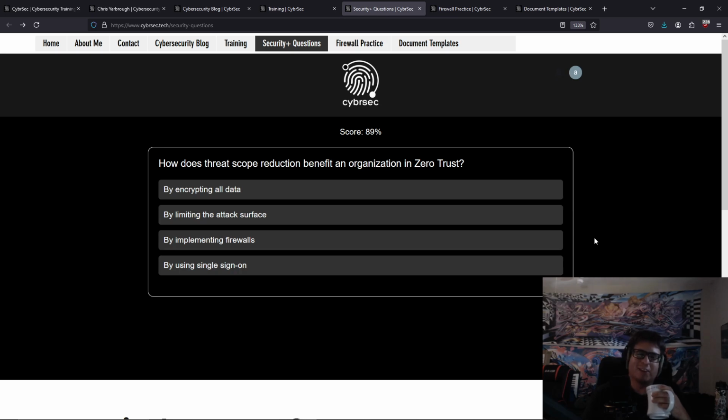How does threat scope reduction benefit an organization in zero trust? It doesn't have to do with MFA or encrypting data, maybe firewall or attack surface.